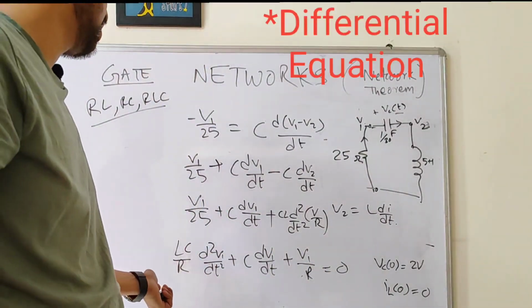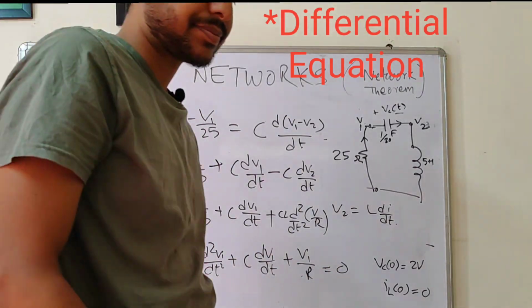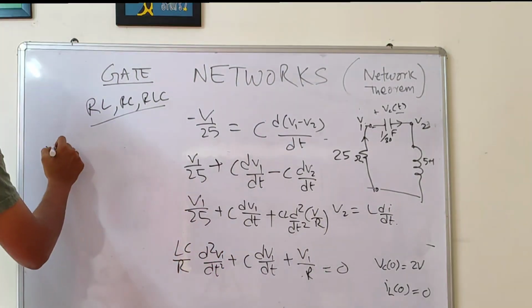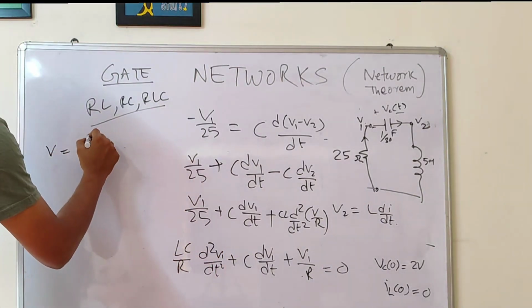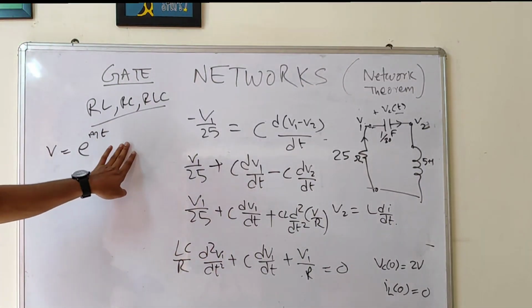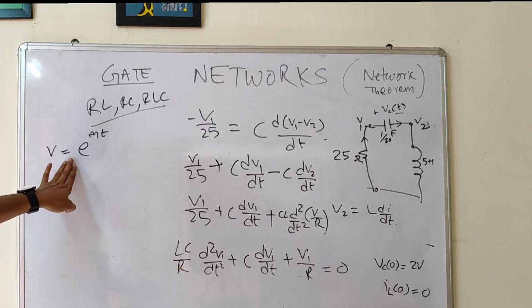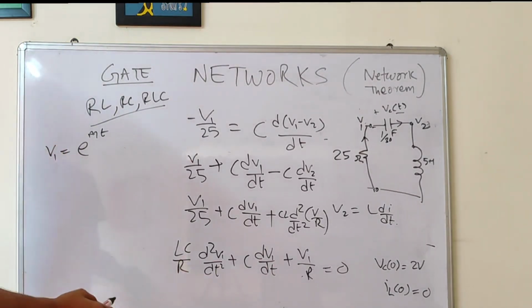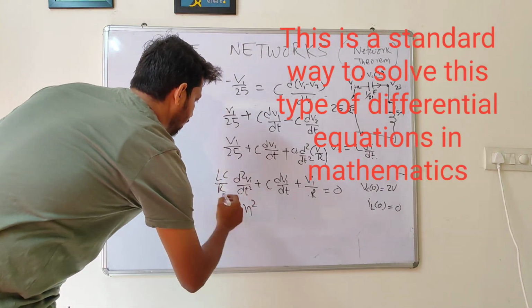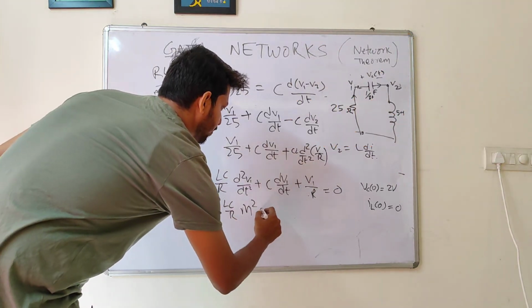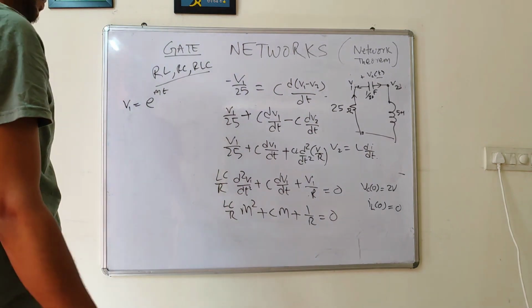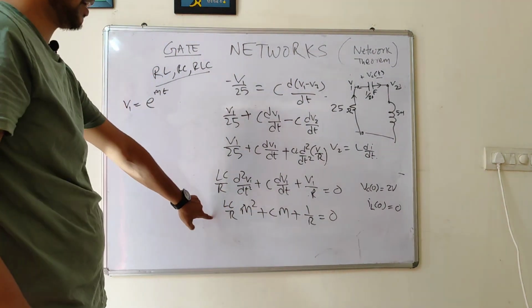So how to solve this equation? You can say that V would always be equal to e to the power mt. If you do the S transform, it becomes easier, but let's say we are not using the S transform. So assume the solution V is equal to e to the power mt. Then this becomes m square, and this coefficient, LC by R, plus Cm plus 1 by R equals 0. Now replace all these values.